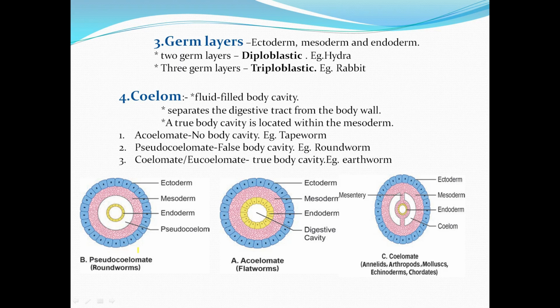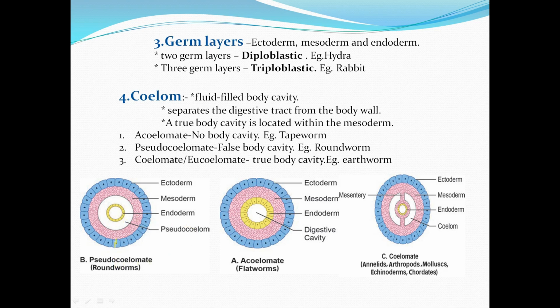So what is called a true coelom? The coelom has to be present in the mesoderm like this. So we can see the three germ layers. The blue color cells are the ectoderm, the pink color cells are the mesoderm, and in the center we can see the endoderm.